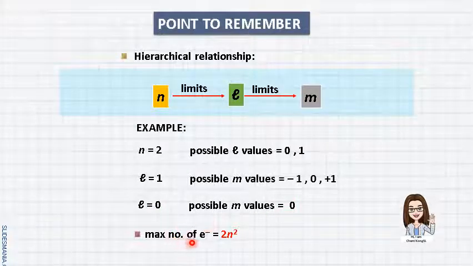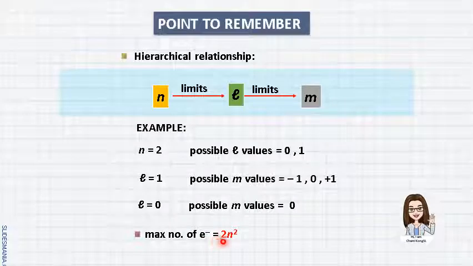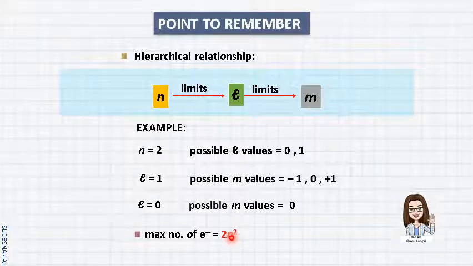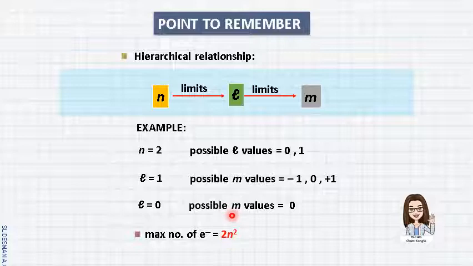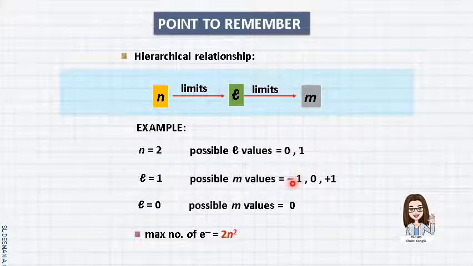The maximum number of electrons we can find using the formula 2n squared. So we try this one: 2n squared, 2 times 2 squared is 2 times 4, which equals 8. So there are 8 electrons. Why are there 8 electrons when n equals 2? Let's check: 1, 2, 3, 4.